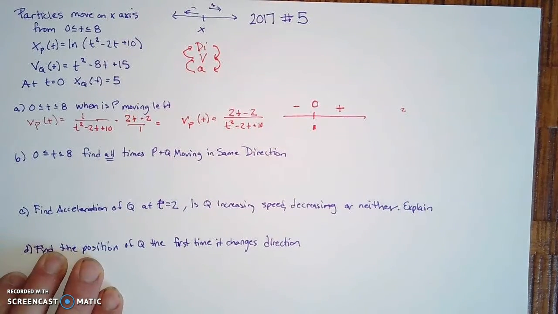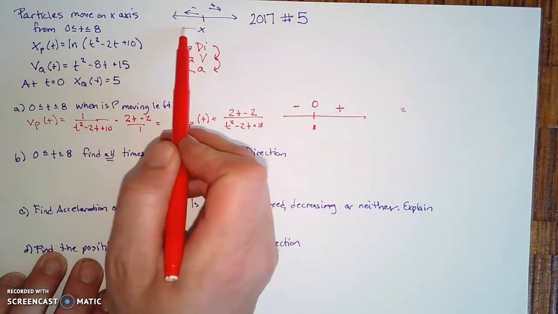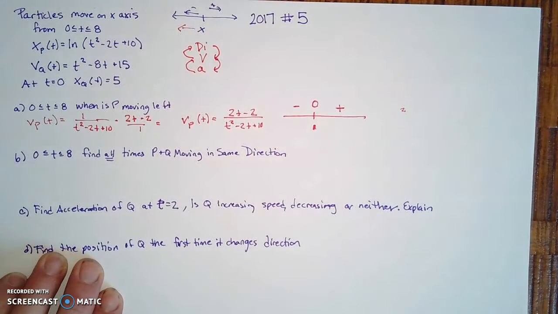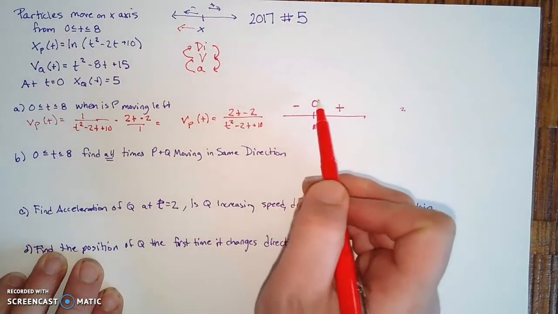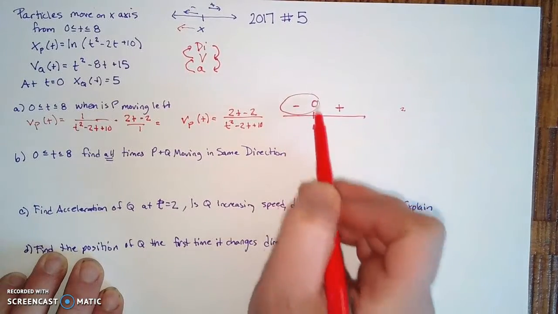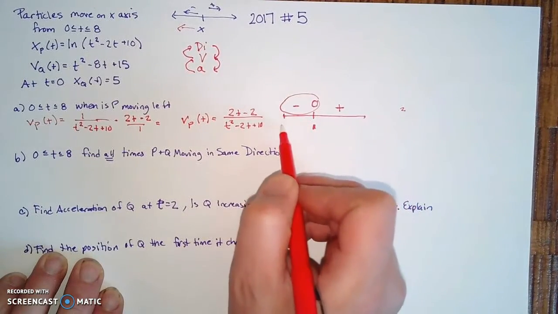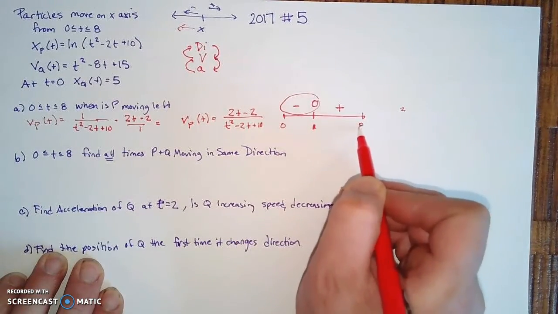Okay, so when is the particle moving to the left? That's when the velocity is negative. So it's this one right here. Normally we'd say anytime before 1, but we know this function starts at 0 and ends at 8.